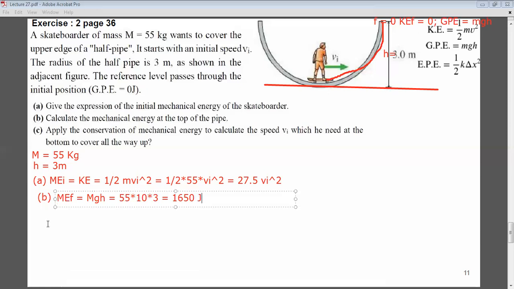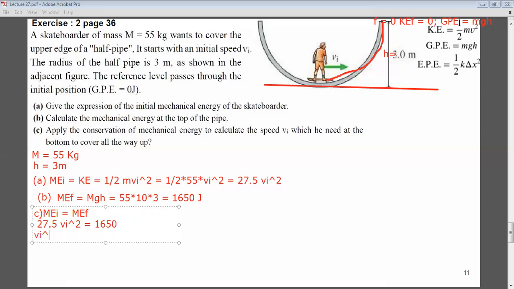Okay, and part C, apply conservation of mechanical energy in order to get v initial, which you need at the bottom to cover all the way up. So we will say mechanical energy initial equals mechanical energy final. Mechanical energy initial is 27.5 v initial square. This is equal to 1,650.